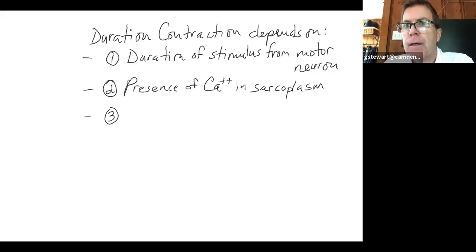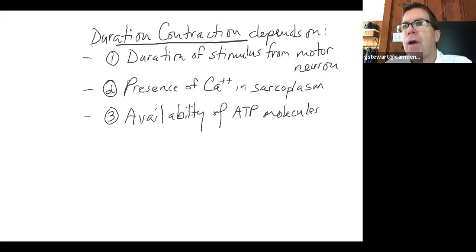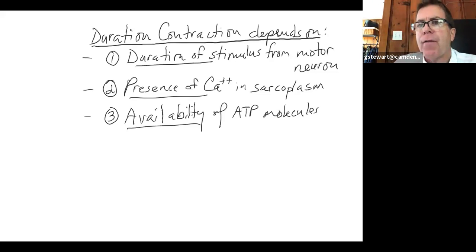And finally, we need availability of ATP molecules. Those three things dictate how long a muscle can stay contracted. If this shuts off, the muscle cannot stay contracted. If any one of these gets depleted, then the muscle cannot stay contracted.